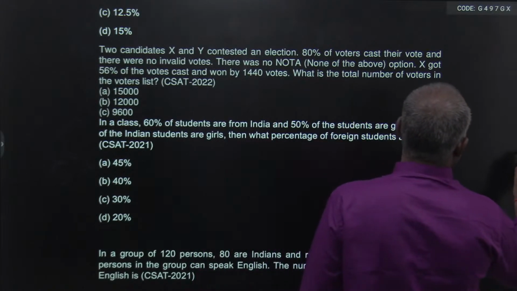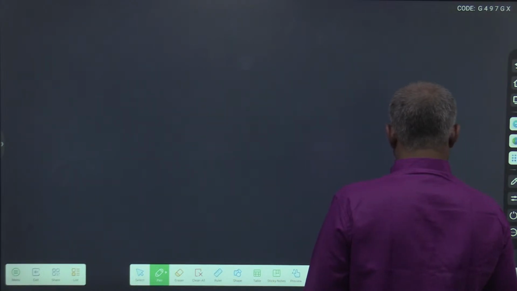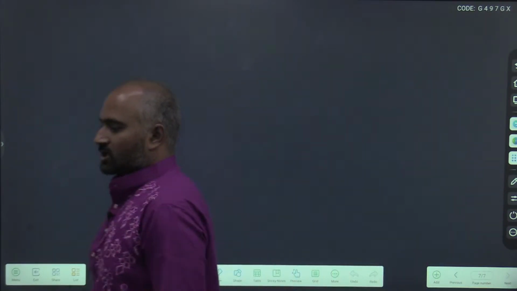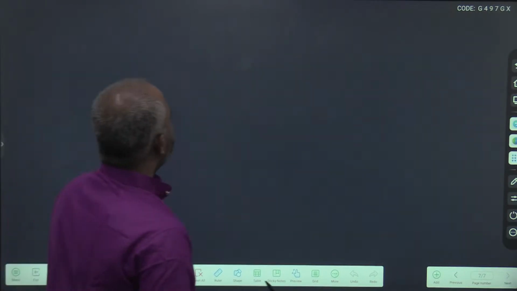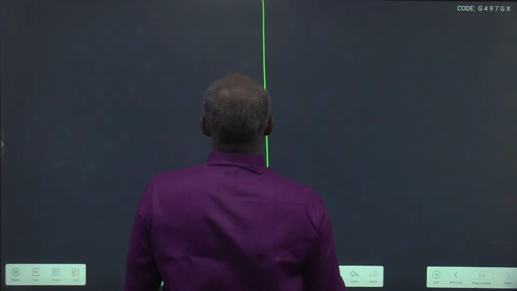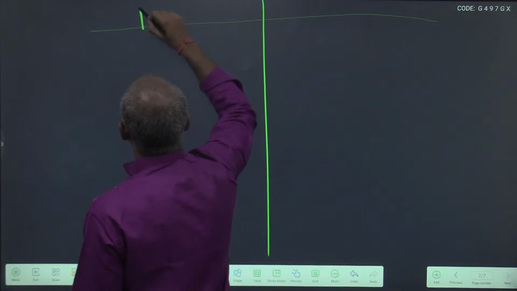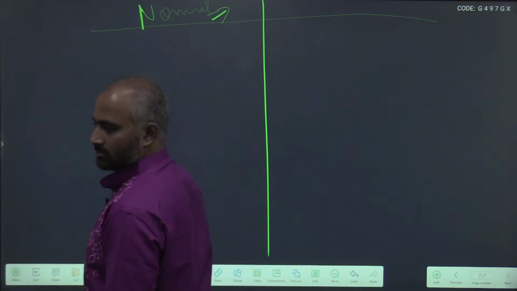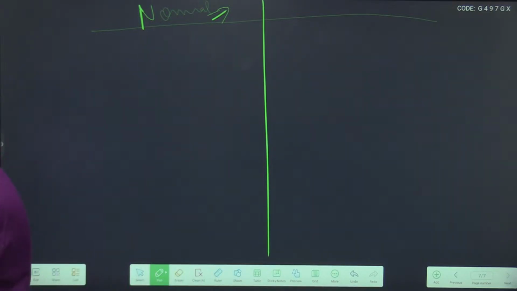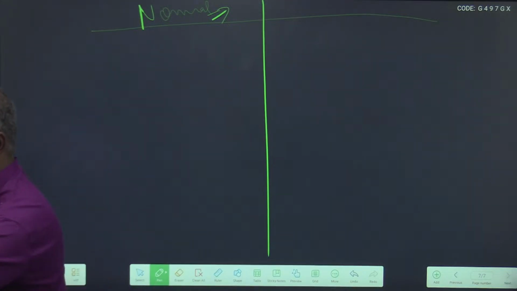Let's see. The question says that two candidates X and Y contested an election. 80% of the voters cast their vote.